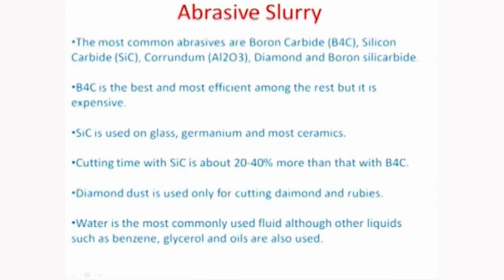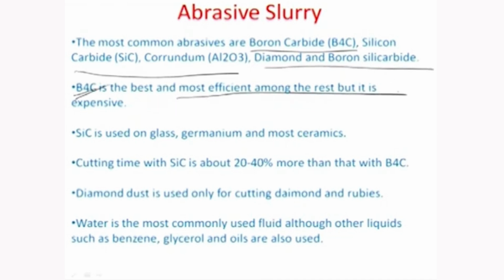The final aspect of the USM system is the abrasive slurry. Most of the common abrasives used are boron carbide, silicon carbide, corundum, aluminum oxide, and diamond. Boron carbide is the best and most efficient among the rest, although it is expensive.